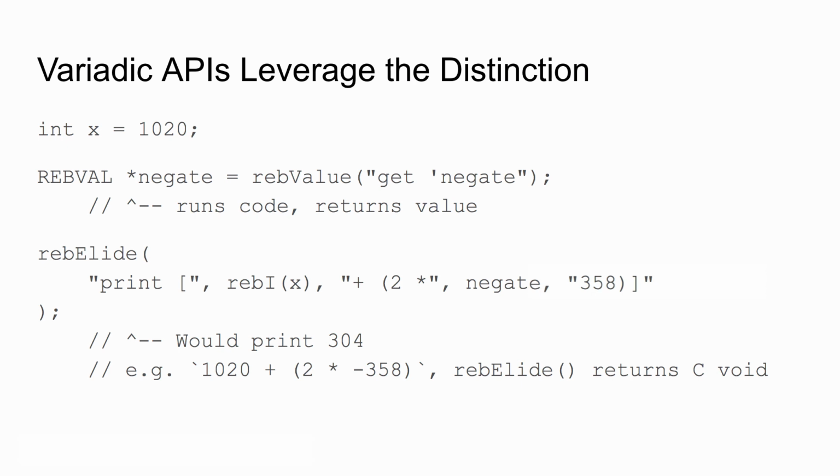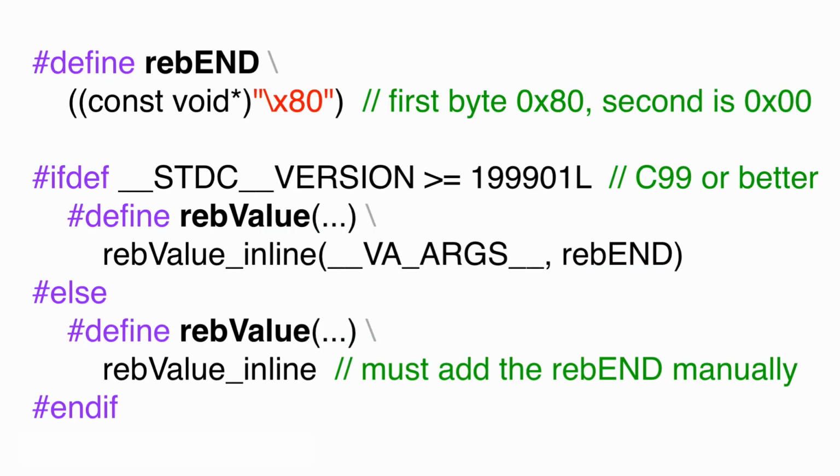But we use a trick, which is that C99 has variadic macros. So we just have a wrapper over an implementation of a function like reb_value or reb_elide. And what that does is it just tacks it on the end. So if you're willing to use C99, then you don't have to put a reb_end on the end of your variadics, which is nice.